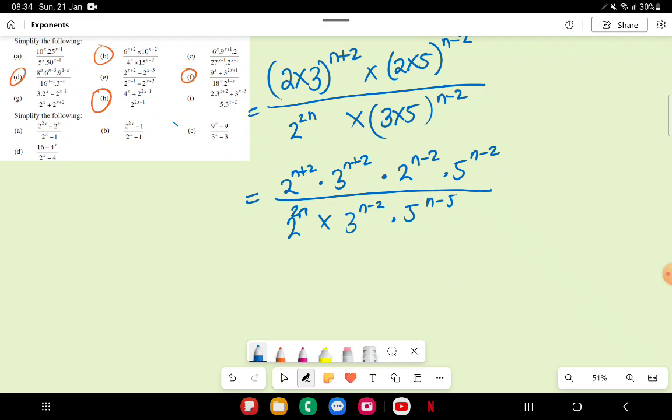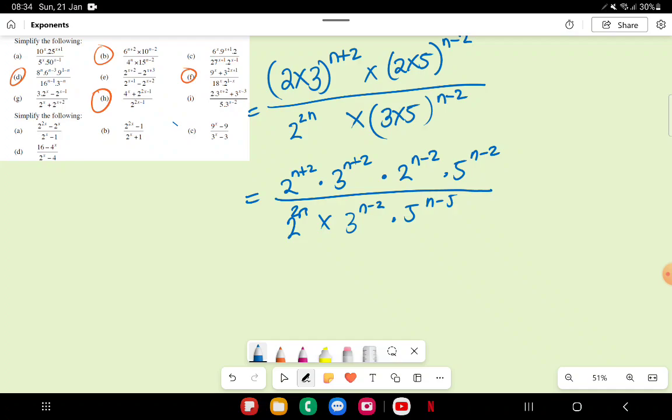Excellent work so far. Now that I've got that, you could split if you wanted to. You don't necessarily have to split, because what we're going to do is the same base and just add and subtract our exponents, right?